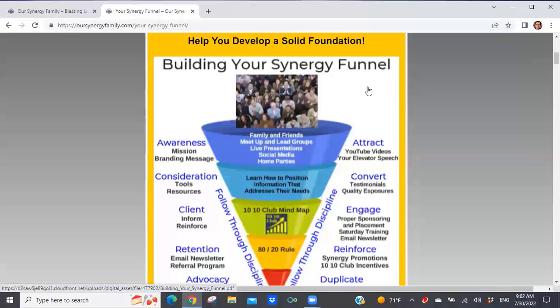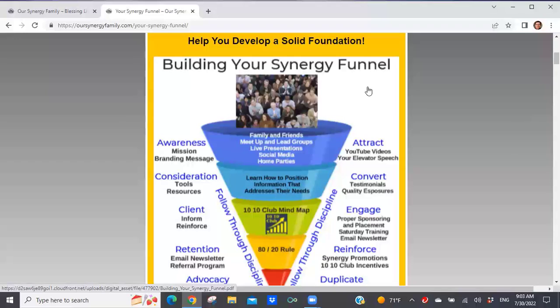There's the customer side: how do you acquire customers? And then there's the distributor side: how do you attract distributors to you? You have to have some type of strategy to attract or acquire people into your Synergy business.